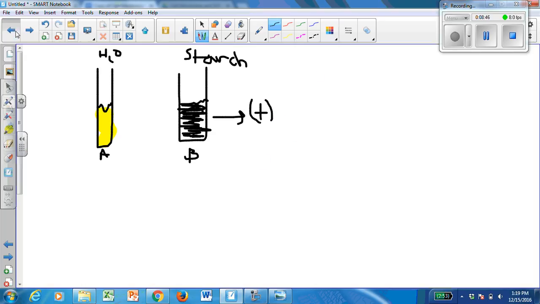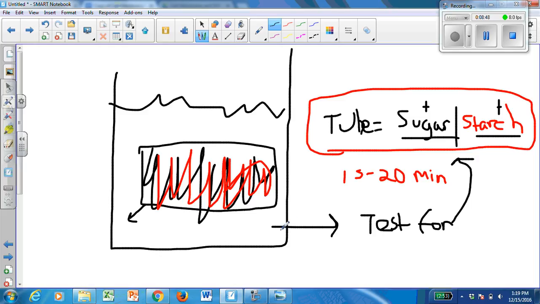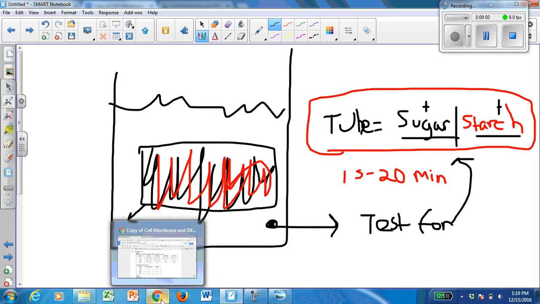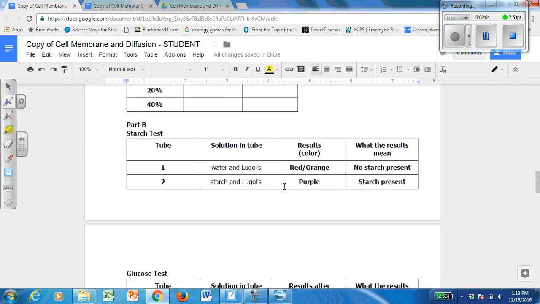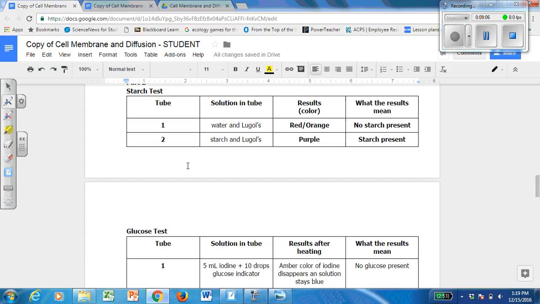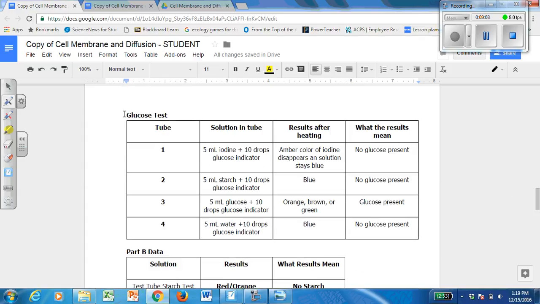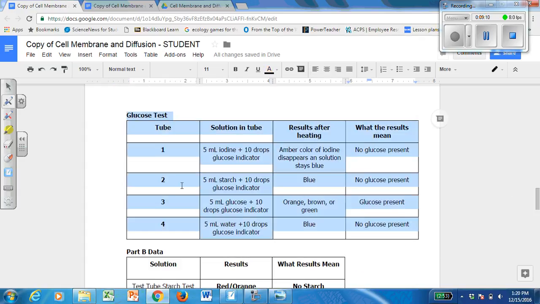So going back to this page, if I were to pull some of that water out and do a starch test, I would be looking for the solution to turn black. For glucose, I have given you the glucose test.